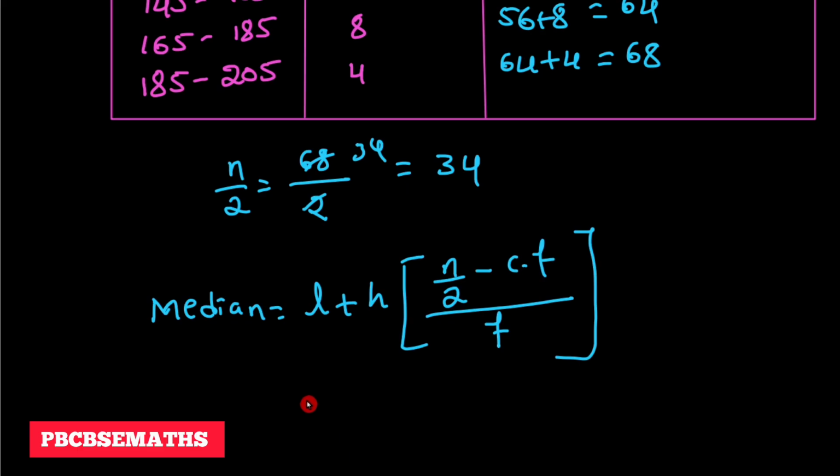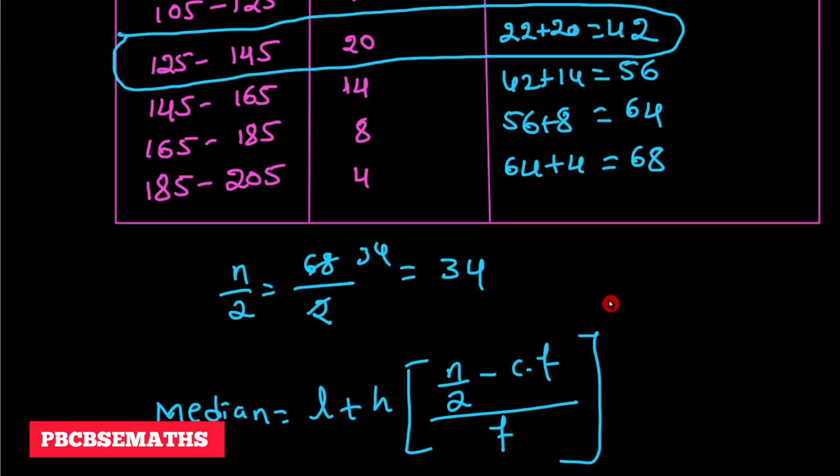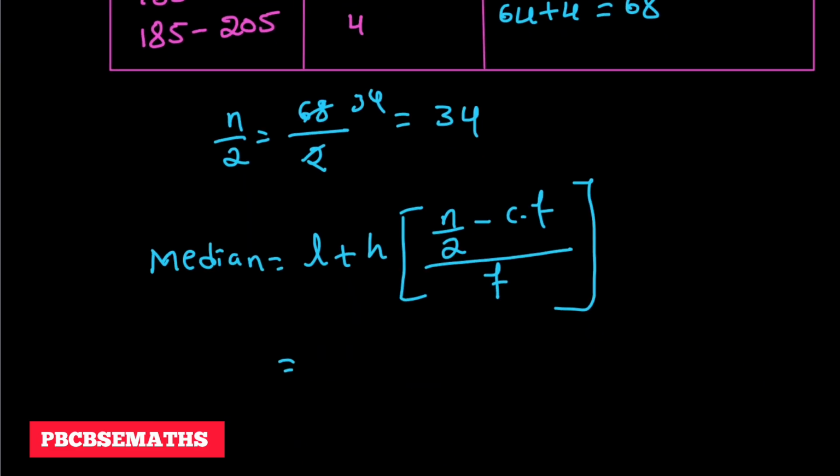L means, as usual, lower limit of the median class. So here the median class is 125 to 145. So the value of L becomes 125 plus H value, that is class size, which we already know is 20. So n by 2 value is 34.